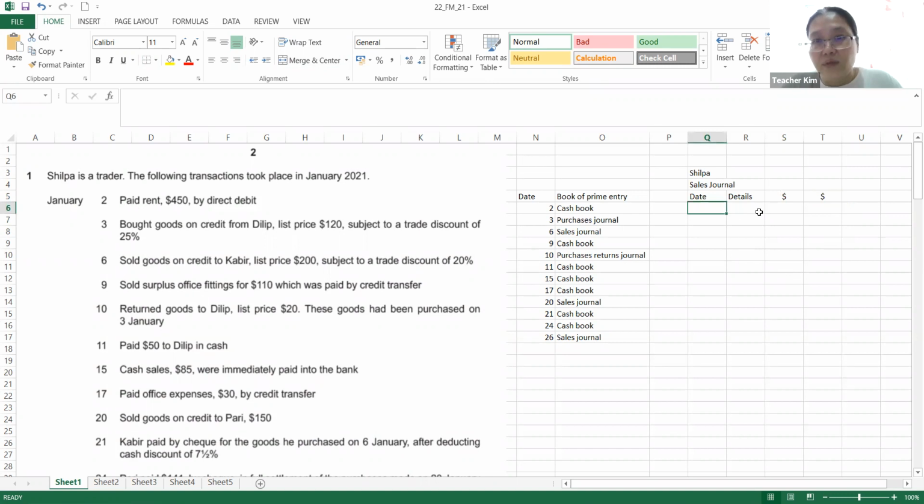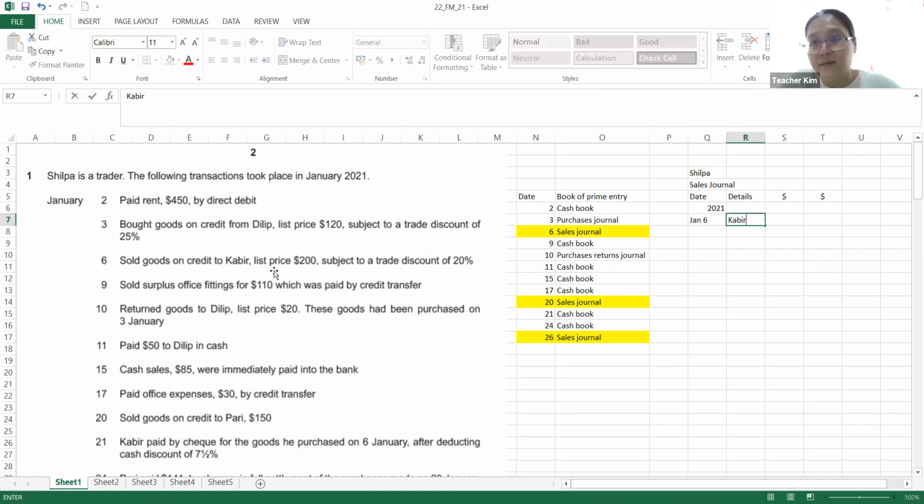Okay, here we have the transaction for the sales journal. 2021, January 6. Who is sold to? Kabi. Okay, and here is a list price.